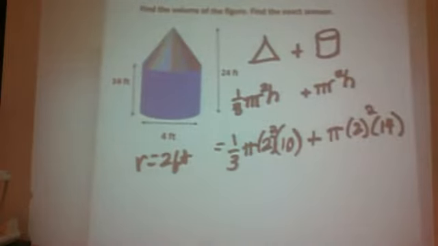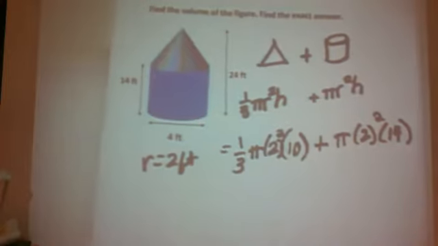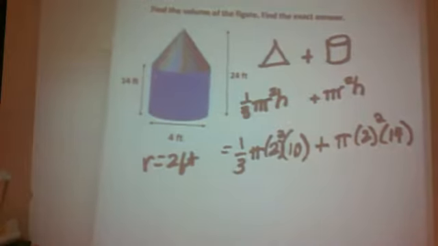Now, in your homework, they ask you guys for these answers both ways, as an exact answer and as a decimal equivalent. So if they ask it for an exact answer, that means when you work it, you're not going to put 3.14, you're not going to press pi on your calculator, you're going to leave pi in your answers. So the first one, we'd have 1/3 pi, 2 squared is 4, 4 times 10 is 40.